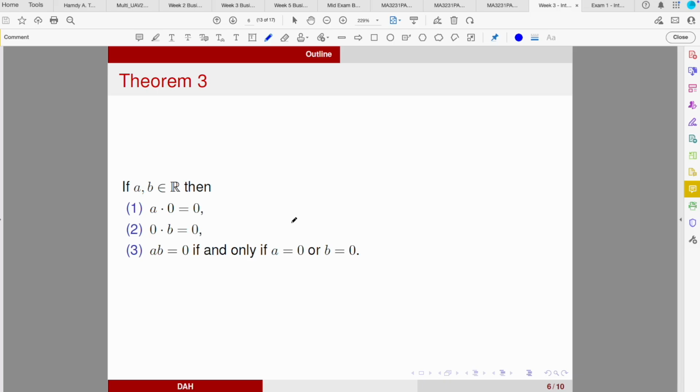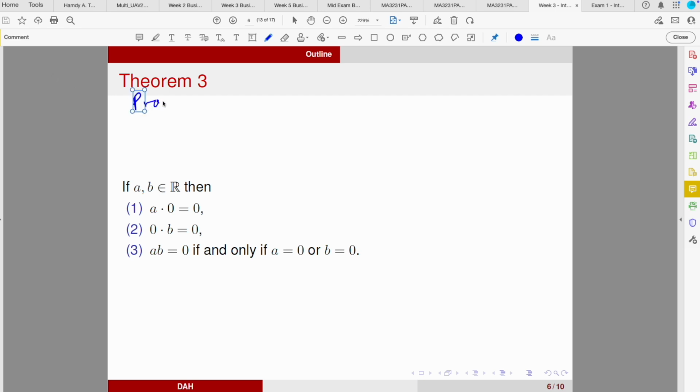Okay, how to start? A times 0 is 0. How to prove this? Okay, look at this. We prove it similar to number 2. So we want to prove A times 0 is 0.